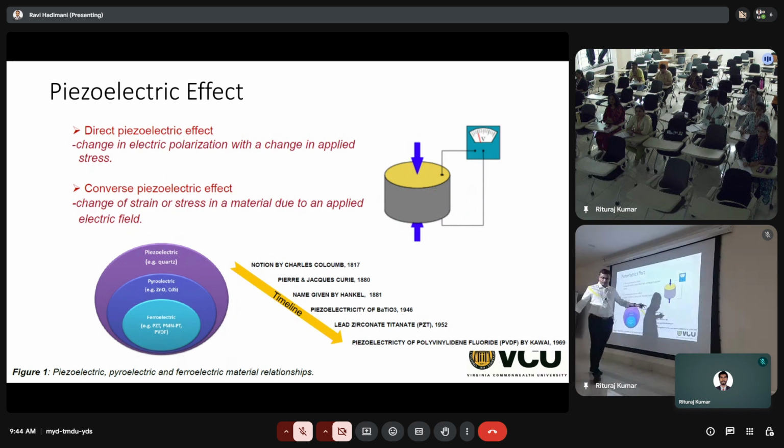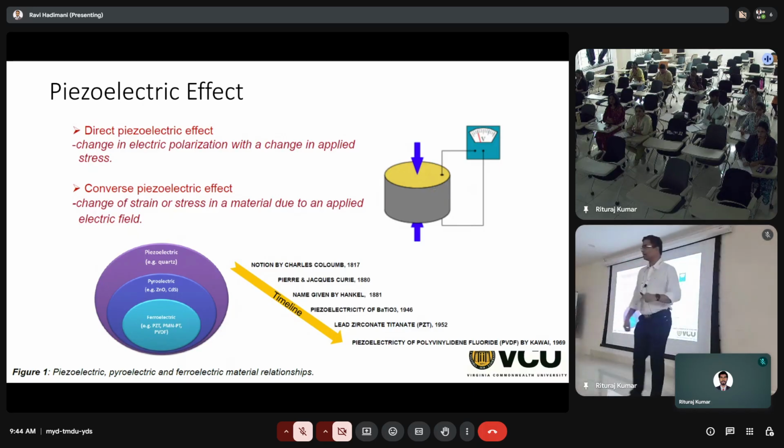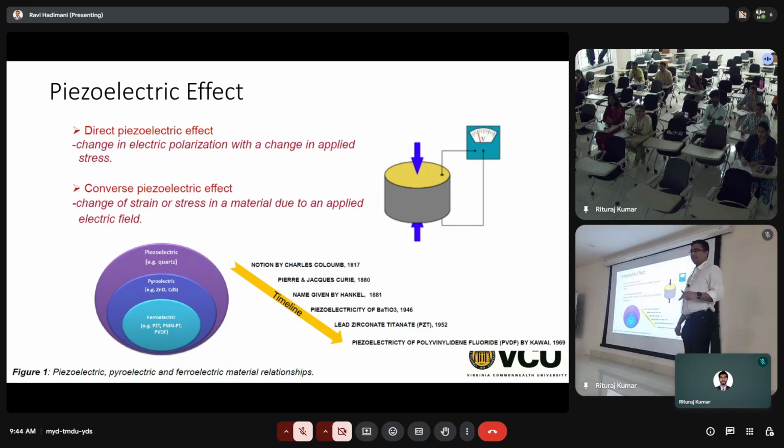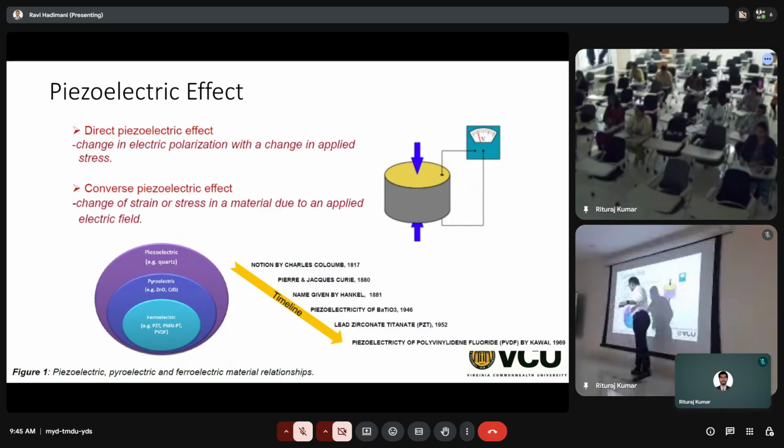Not all piezoelectric materials are ferroelectric materials, and some subclass of piezoelectric materials are pyroelectric materials as well. So can anybody think of what that is? Pyroelectricity, or the pyroelectric effect? Yeah, pyro means fire, temperature. So a change in temperature will give you a change in electric field, or when you apply a temperature change, it will give you voltage, or when you change the voltage, you get a temperature difference.